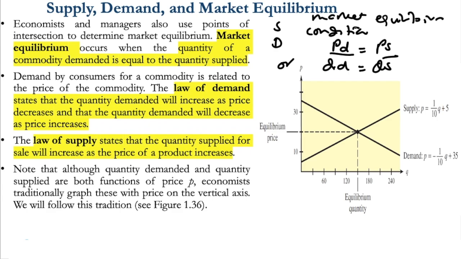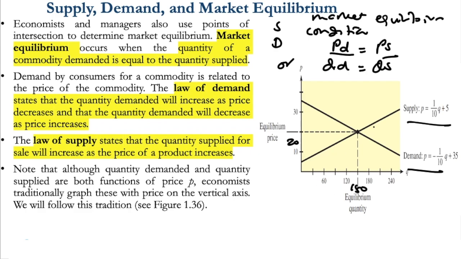So let's say we have a graph here, and let's assume that the graph is drawn according to scale, so that they intersect at the right value. So here, this is the supply curve, this is the demand curve. They intersect here: equilibrium price, equilibrium quantity. And then you know that this one is 10, this one is 30, this one is obviously 20, and then this one is 130, and then 100 something here, probably 150.